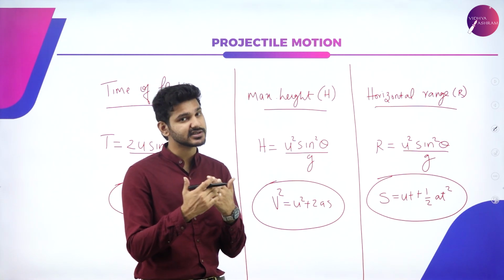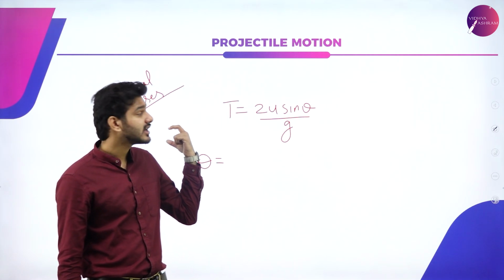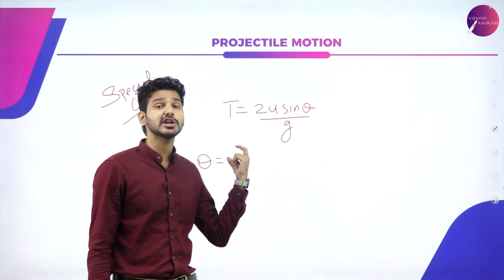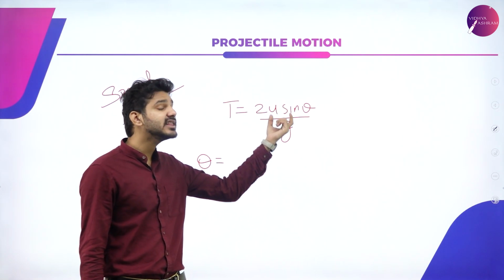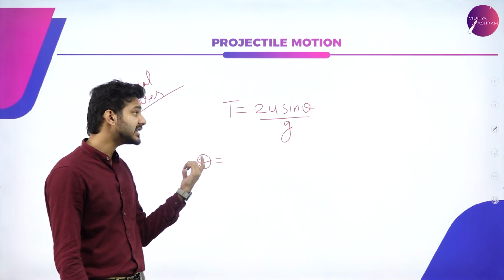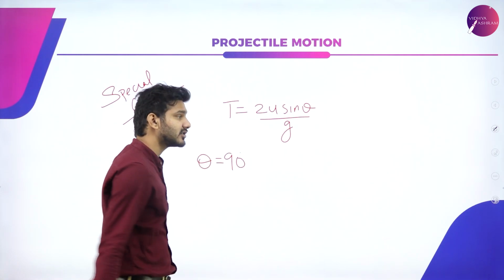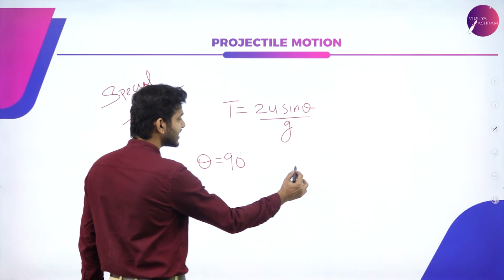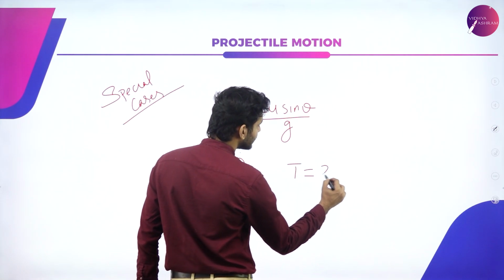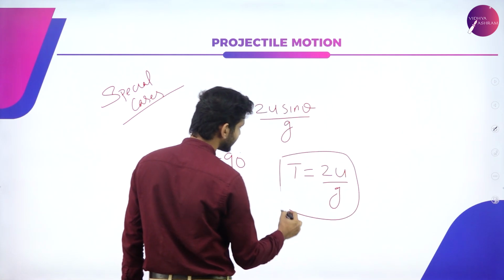In order to get the maximum time of flight, sine theta must be equal to 1, and sine theta is equal to 1 only when theta is 90 degrees. So when theta is 90 degrees, we get time of flight t is equal to 2u divided by g. That is the first special case.